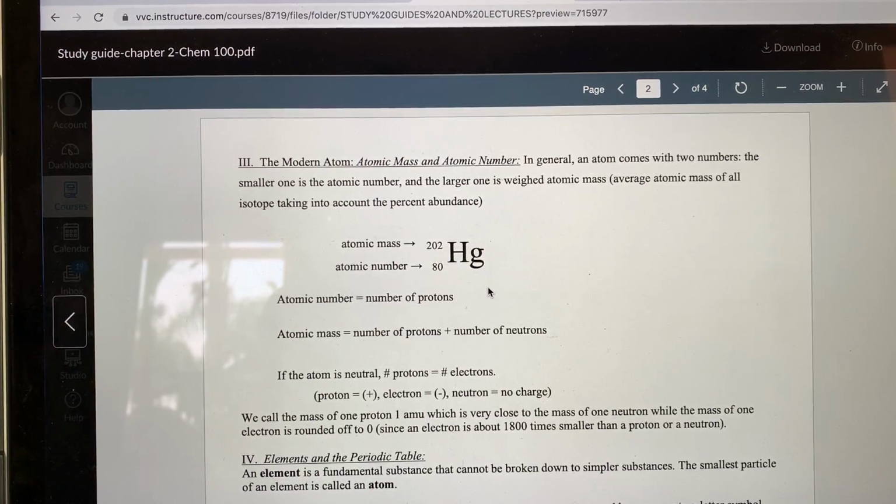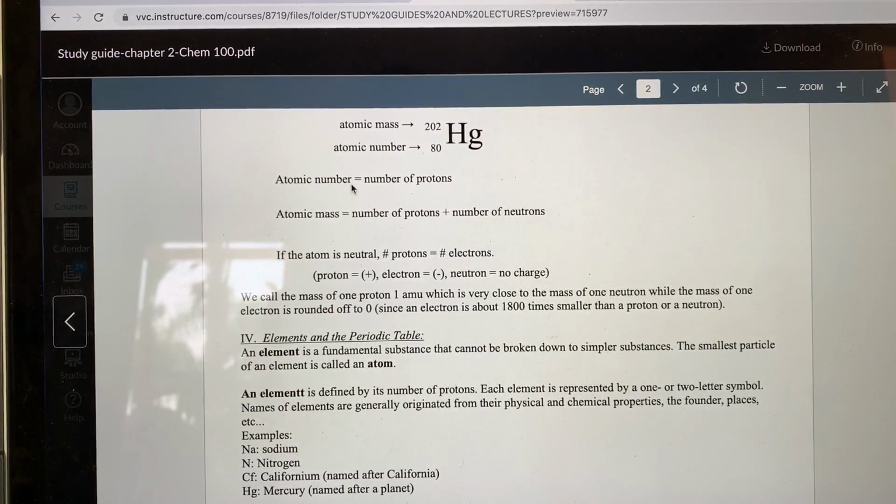Okay. Notice that the atomic number is the number of protons, and the number of protons also equals the number of electrons if the atom stays in its original condition, which is neutral. Atomic mass is the number of protons plus the number of neutrons.